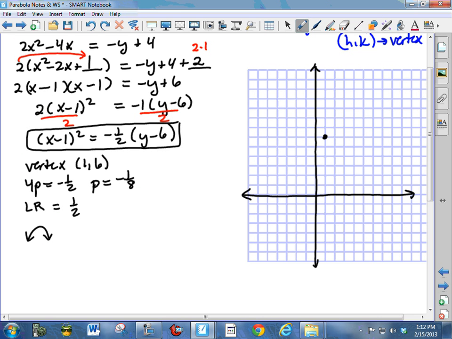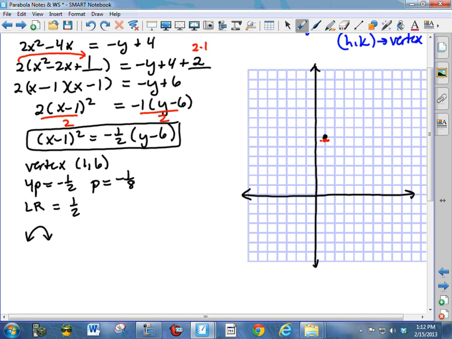My focus, I'll put this in red, is 1/8 of a unit away from the vertex. So basically it's sitting right underneath it. And if I were to do the latus rectum, it's going to be a total length of 1/2, so basically 1/4 either direction. That's really not useful for graphing.